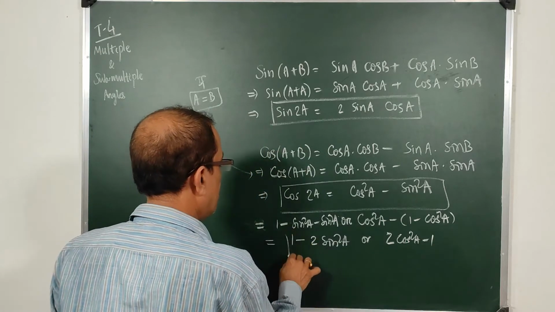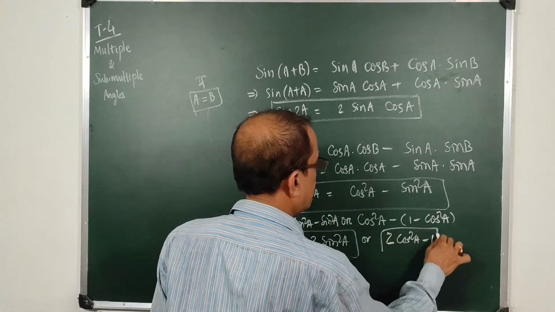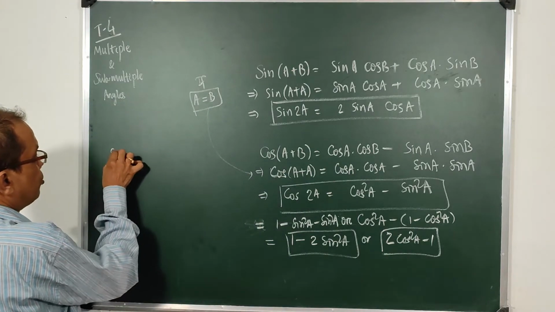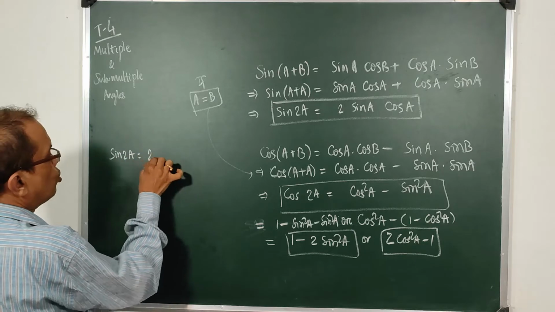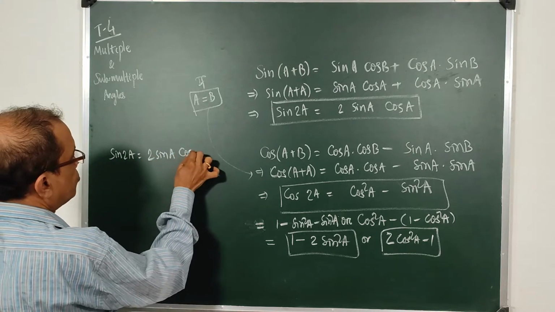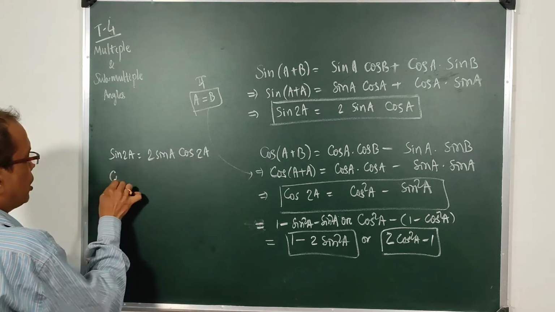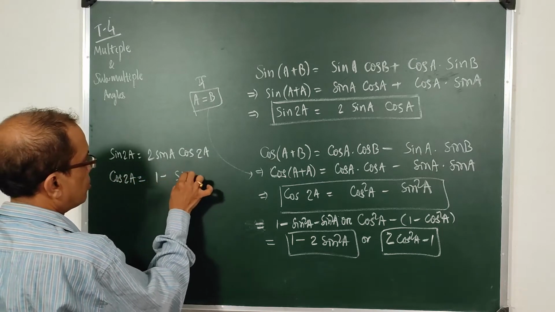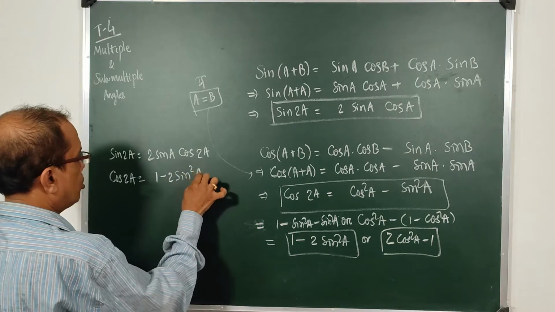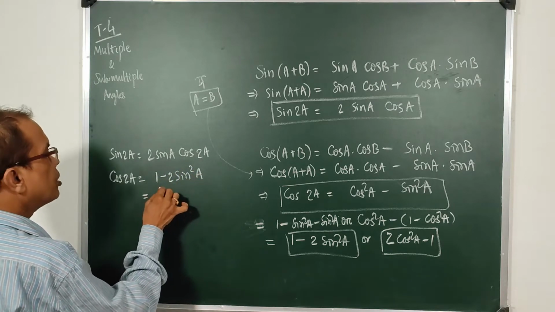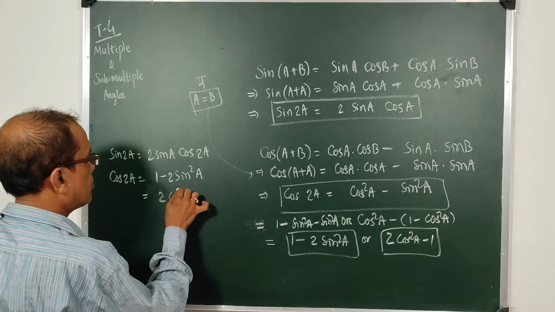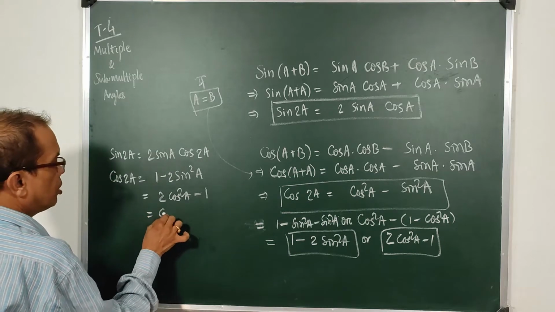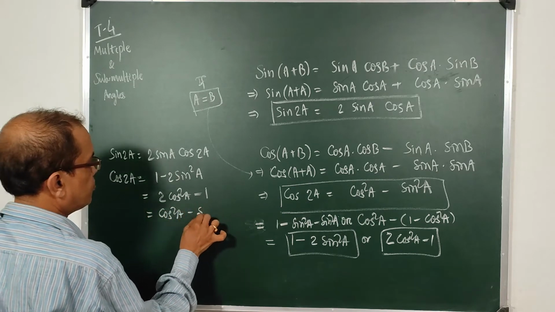Now we have three different formulas for the same cos 2a. So summarizing, sin 2a became 2 sin a cos a, and cos 2a has three different forms. The sin form is 1 minus 2 sin square a. The pure cosine form is 2 cos square a minus 1, and there is the simpler hybrid form, which is cos square a minus sin square a.